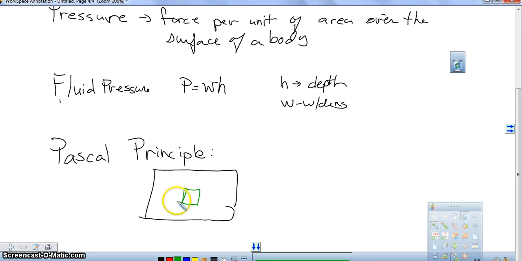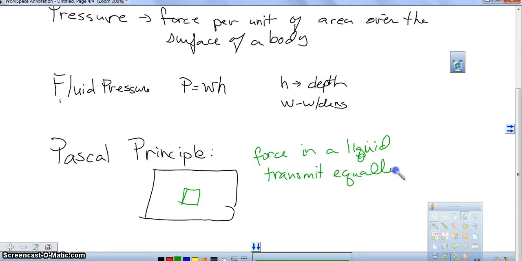And so that's why we're able to use calculus to do this. So the force in a liquid is transmitted equally in all directions. And so that's why we can just use basic integration to do some problems today.